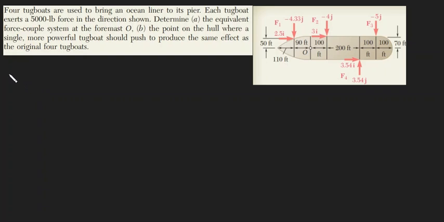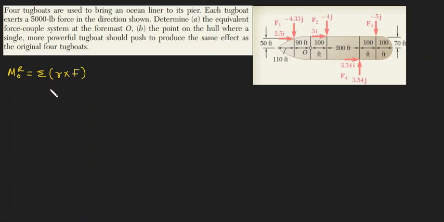So the total couple moments about point O, the R there means resultant, will be equal to the sum of the cross product of the position vector and the force vector. Let's take note of this.